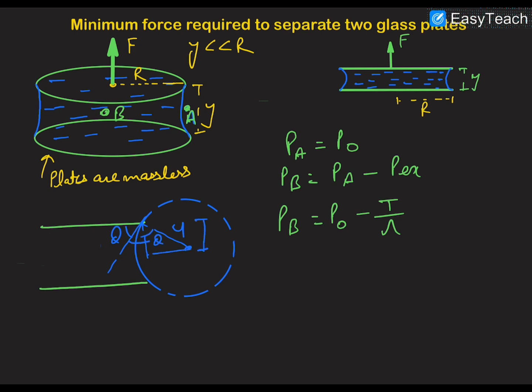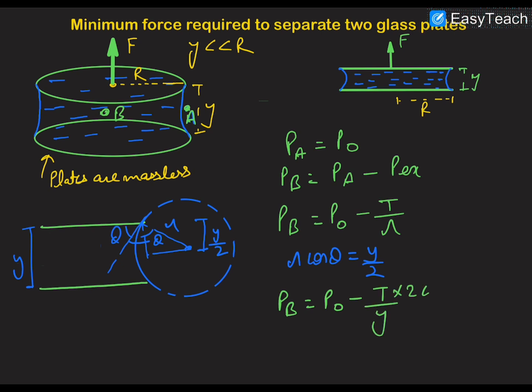So this is r, and this complete height is y, so this half height will be y by 2. So we can say that r cos theta will be equal to y by 2, and therefore we can substitute the value of r. So PB will be equal to P naught minus T upon r, where r is y by 2 cos theta.